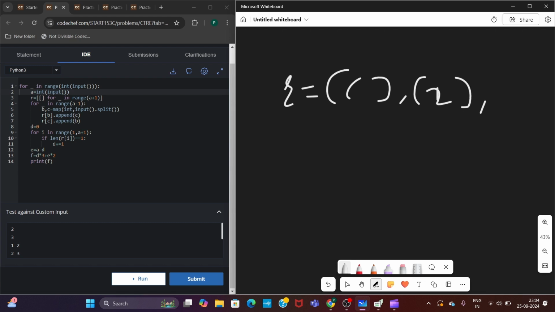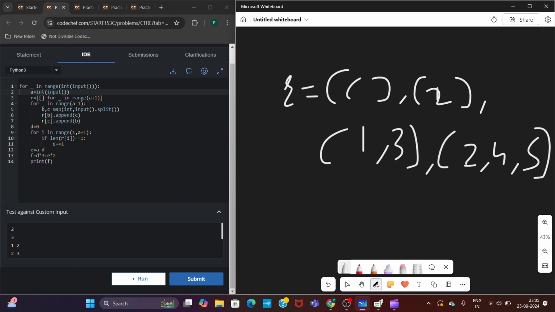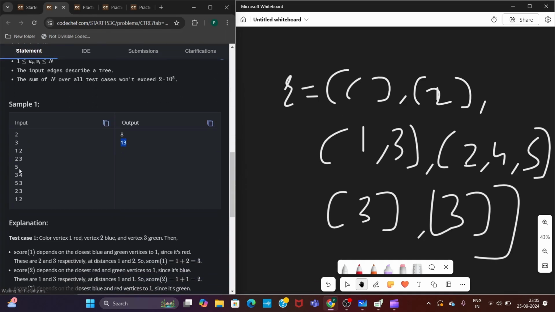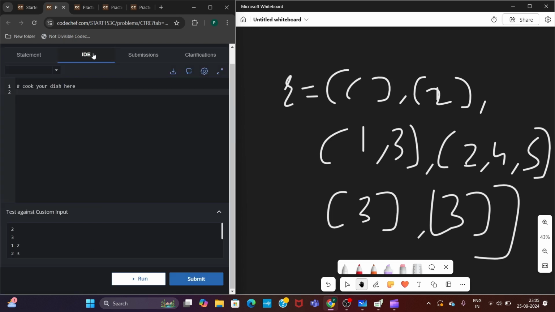Then comes the 1 comma 3. Then comes 2 4 5, and then comes at last 3, and then again 3. Okay, this is basically the adjacency list over here for this example.